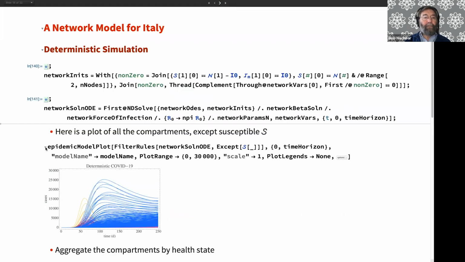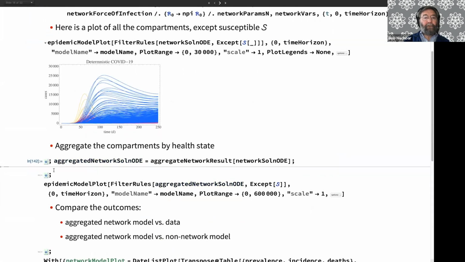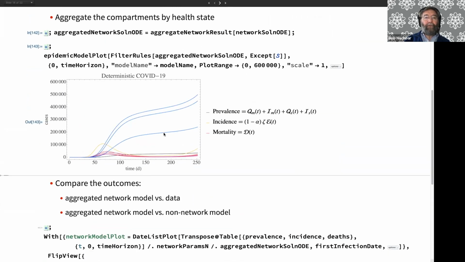If we look at the model in detail, these are what the curves look like for all the individual 100 communities in the network, quite varied. The Watts-Strogatz one, or excuse me, the Barabasi-Albert one looks very different. But if we aggregate it and plot that, then we get this curve here.